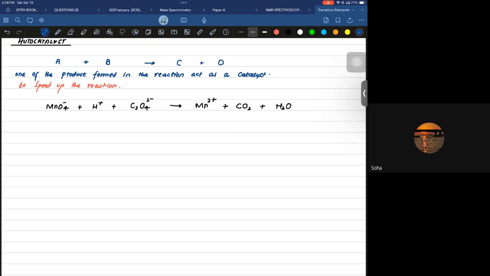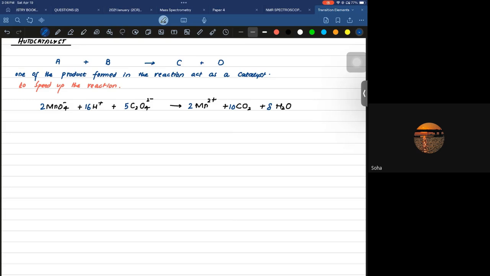Let me write the balanced chemical reaction: 2, 5, 2, 10, 8, and then we have 16 H positive ions.